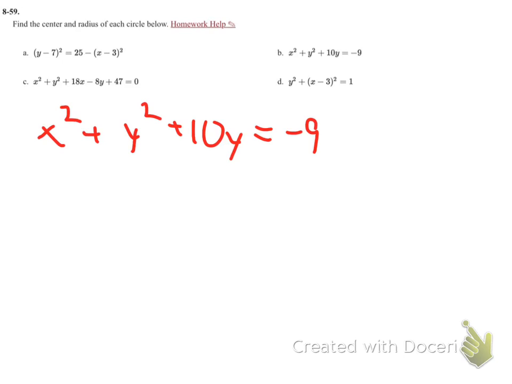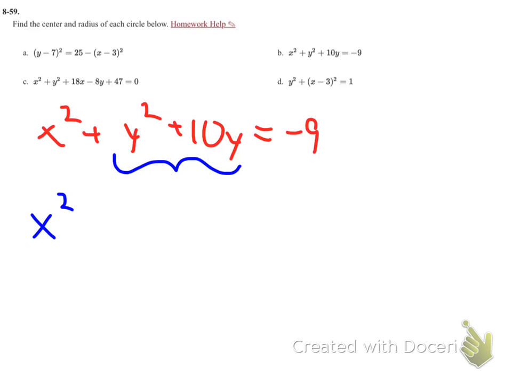First of all, this is not written the same way as the last one, where I have my y together as a perfect square, which means I need to complete the square with that. If you're not sure on that, I have videos on completing the square with a leading coefficient of 1. But my x squared is taken care of.